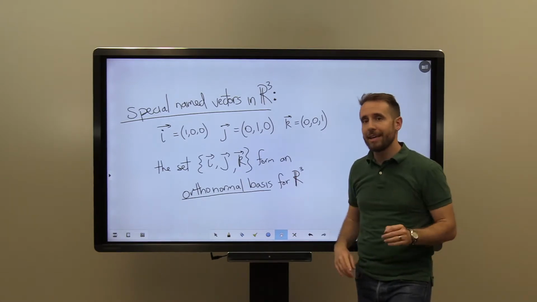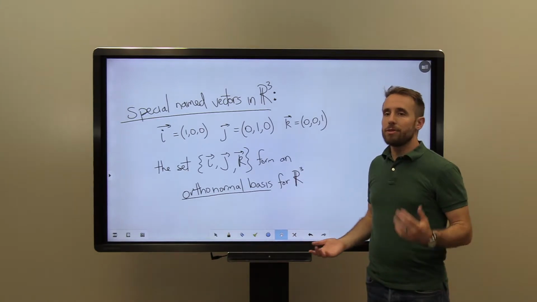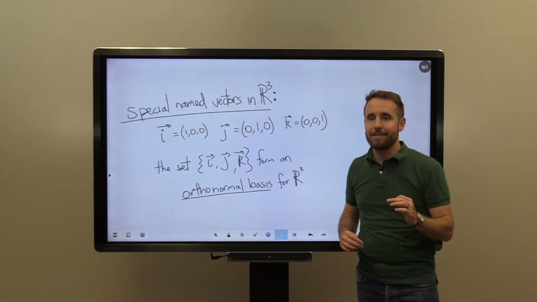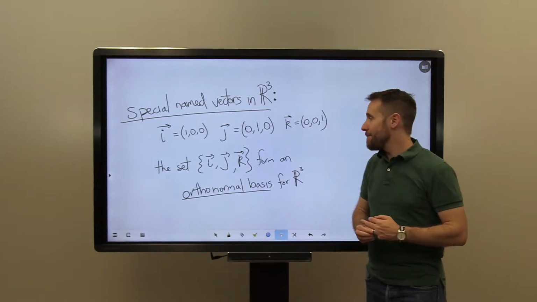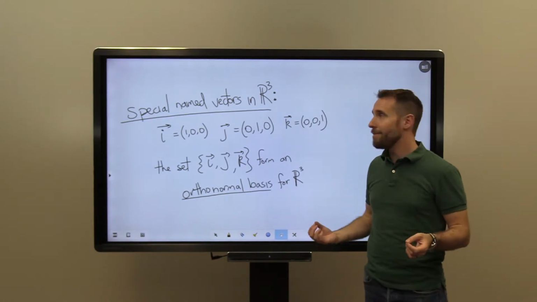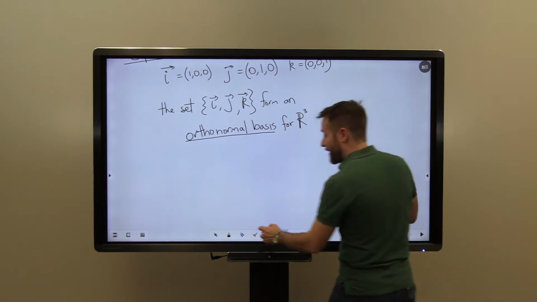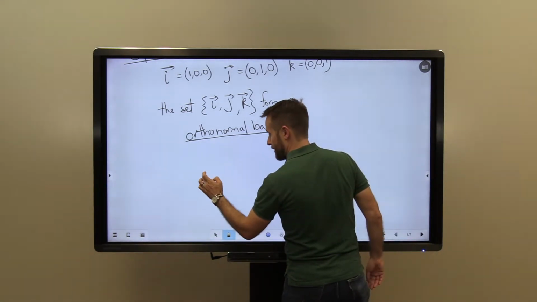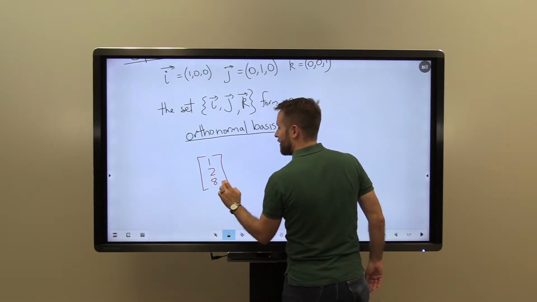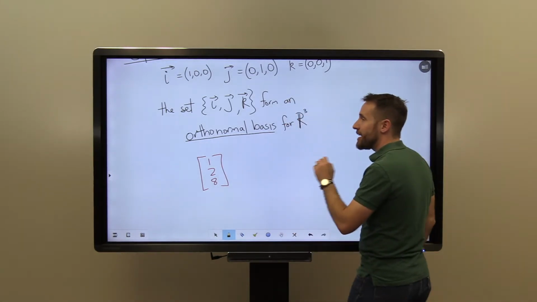They each have unit length, and taken together, there are 3 of them, and they can be used to describe any point in R3. So they form what's called a basis for R3. And all I mean by basis is that every point in R3 can be uniquely described using the vectors i, j, and k. So for example, if I took the vector 1, 2, 8, right? I can rewrite this using my i, j, and k vectors.